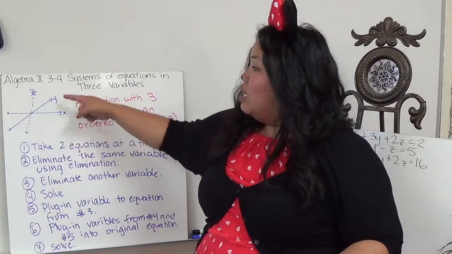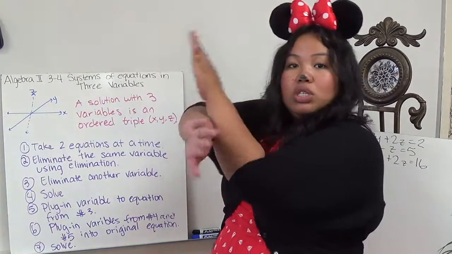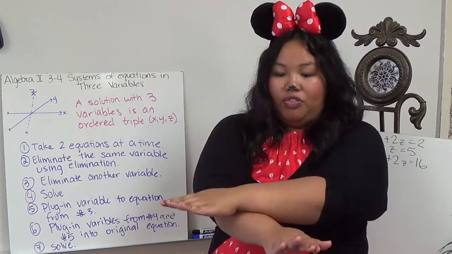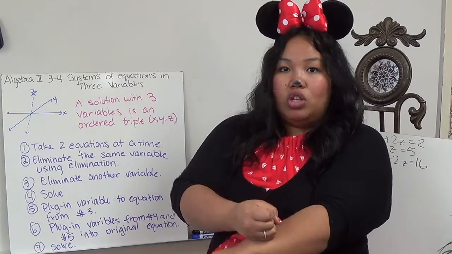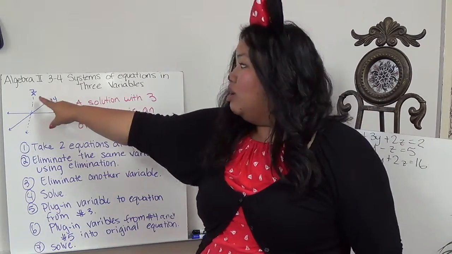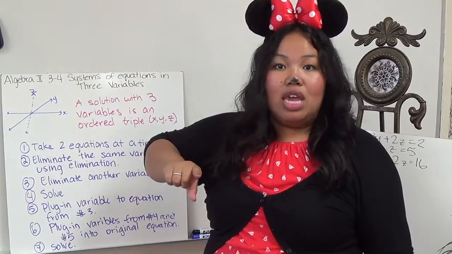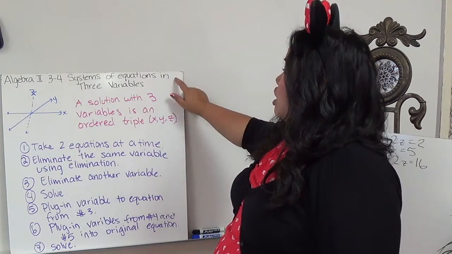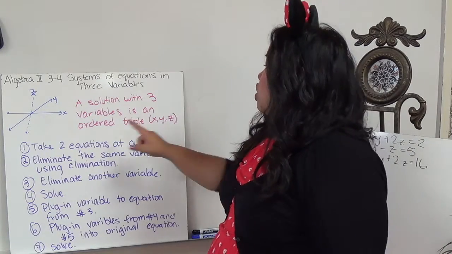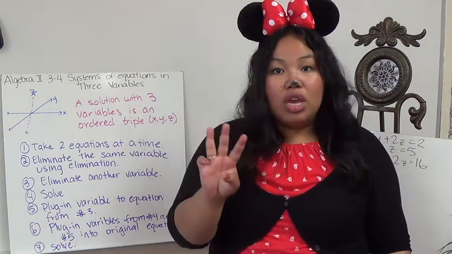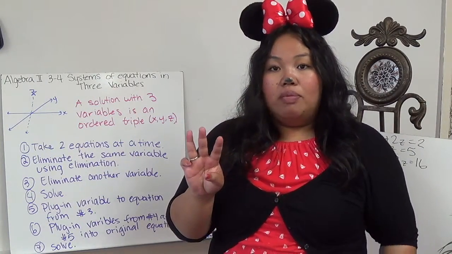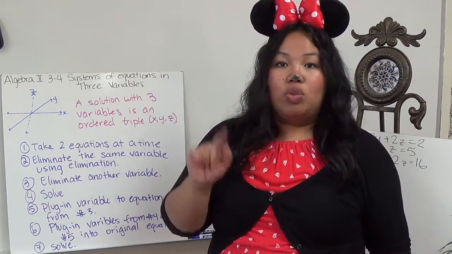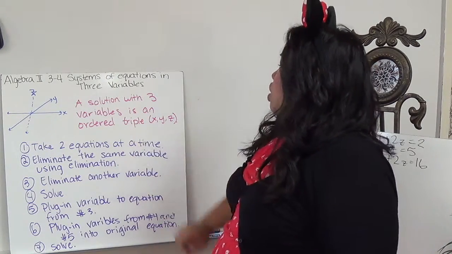So we have an X and a Y, which is your basic 2D graph, and then you flatten it, and out of the origin comes also a Z coordinate. That Z coordinate makes it 3-dimensional. A solution of a system of equations in 3 variables is called an ordered triple. You'll have 3 coordinates, one for the X, one for the Y, and one for the Z, and it's called an ordered triple.